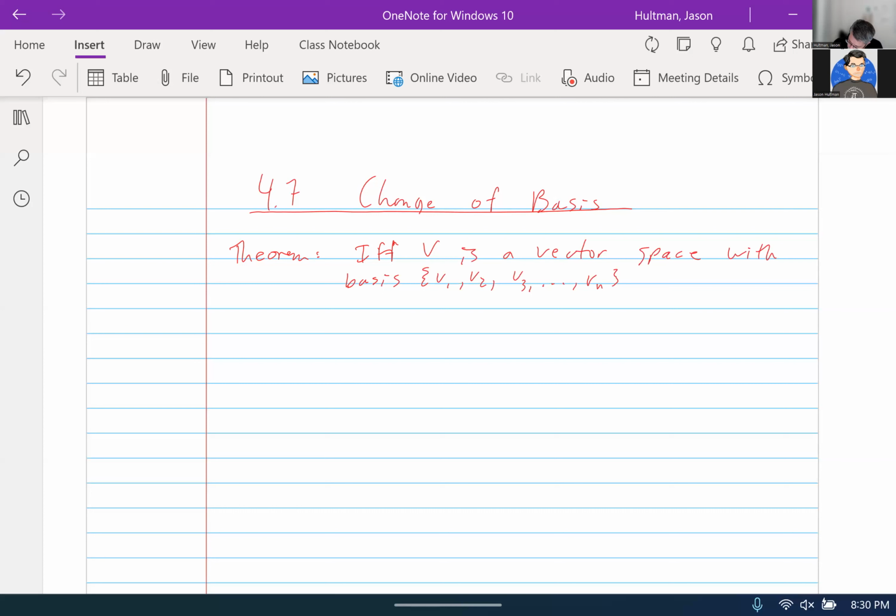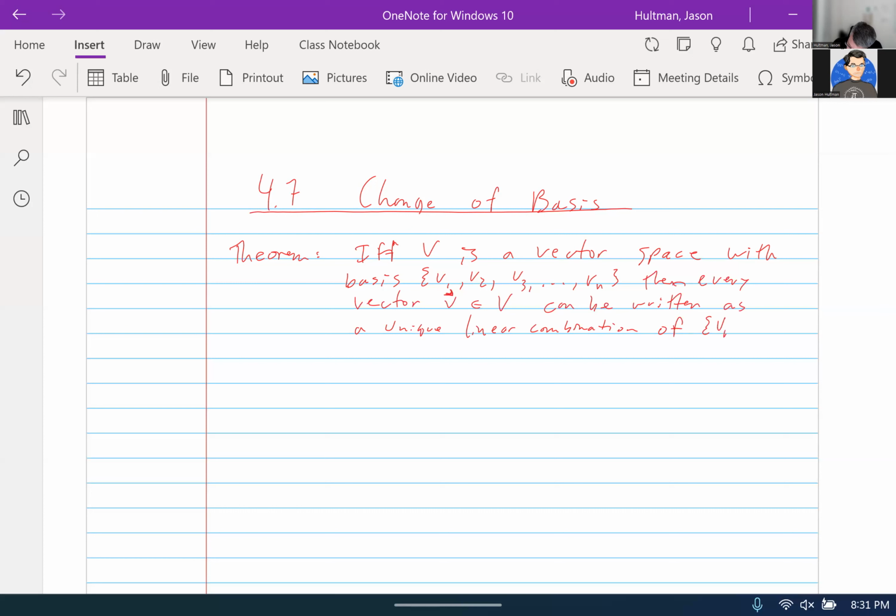Then every vector V that is in the vector space V can be written as a unique linear combination of the basis vectors.